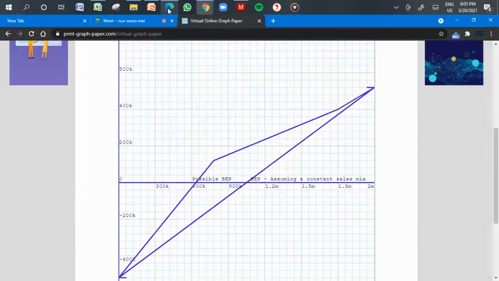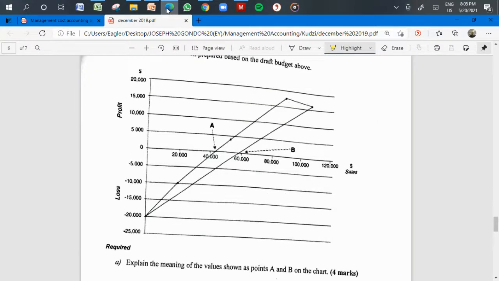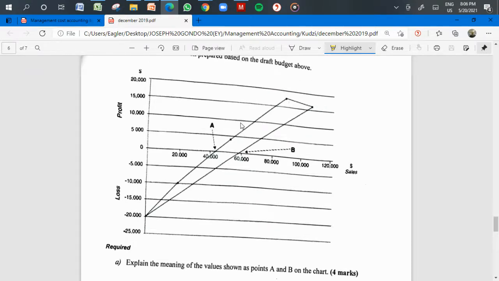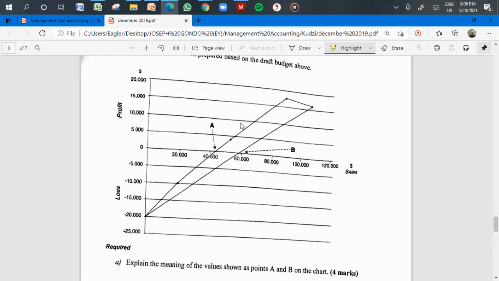So if we go back to our question, we had this chart, and the question is saying explain the meaning of the values shown as points A and B. Point A is that possible break-even point if the actual mix is changed. Then point B is our break-even point, assuming a constant predetermined sales mix. So that is how you were supposed to interpret this graph.